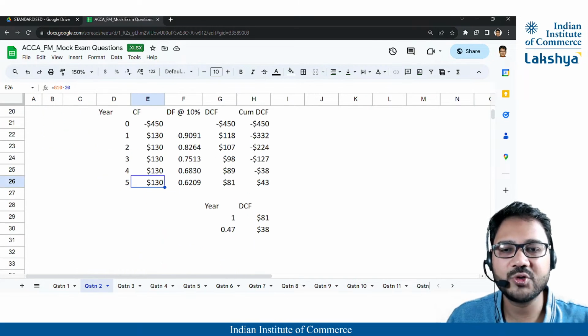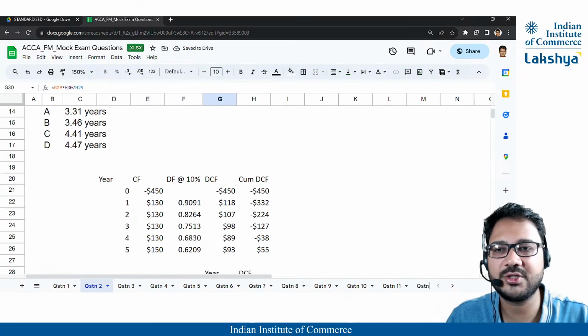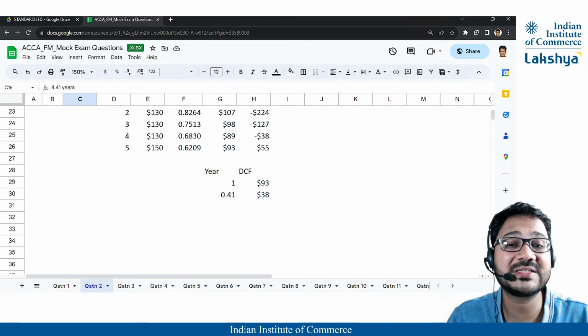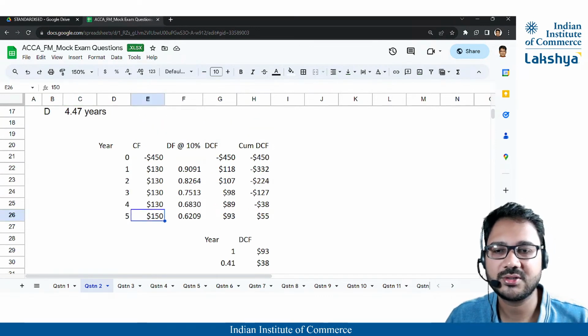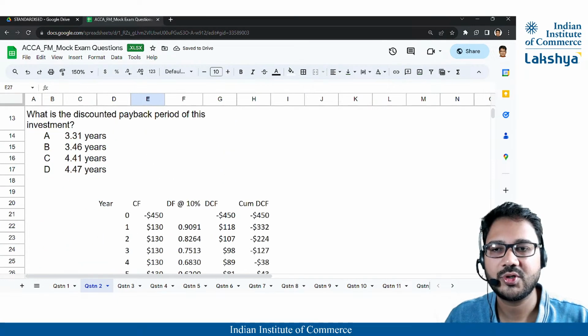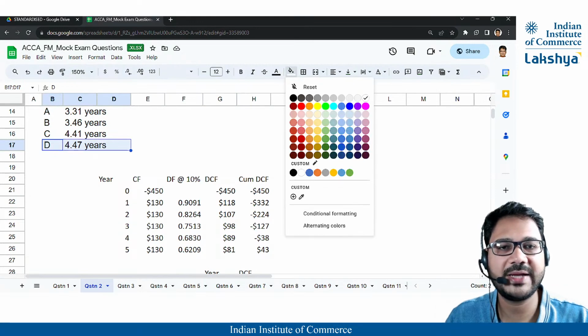So if you would have done 150, you'd get 4.41. You would have marked this, which would be the incorrect answer, and you would have wasted time also doing all these calculations. Okay. So remember, it's residual value, which is not a relevant cash flow. Okay. And this will be your final answer. So keep that in mind.